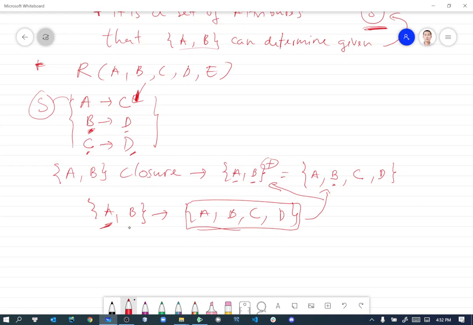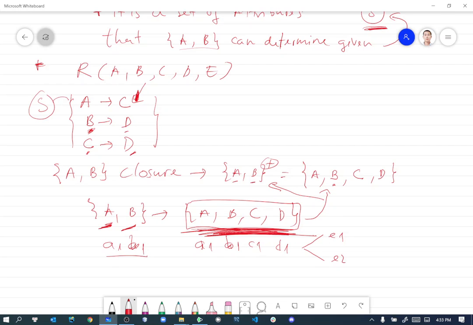The next question is: is AB a super key for this relation? It is not. For a given A1, B1, you can find only one A, one B, one C, one D, but you may find more than one E, E1, E2. Why?